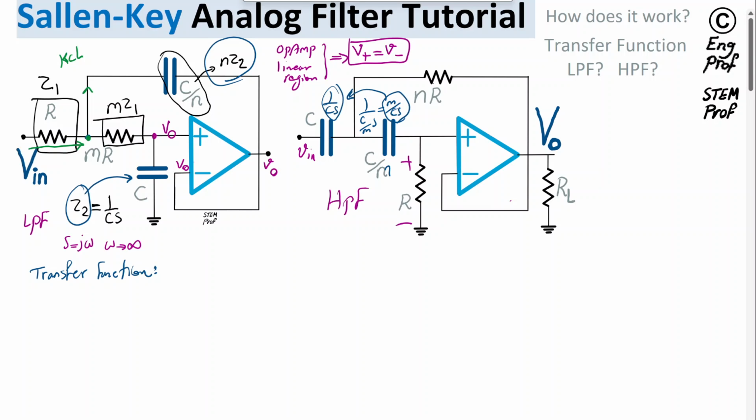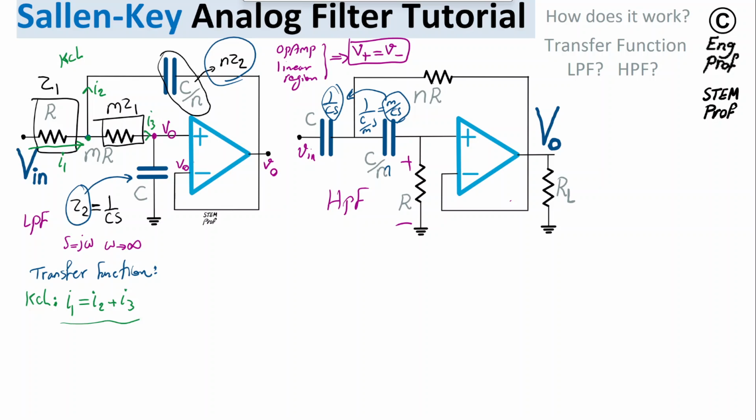So this current and also this current. Let's refer to the first one as I1, I2, and I3. Kirchhoff's current law says the current that is coming in, I1, should be equal to the sum of all currents that are going out, I2 plus I3.